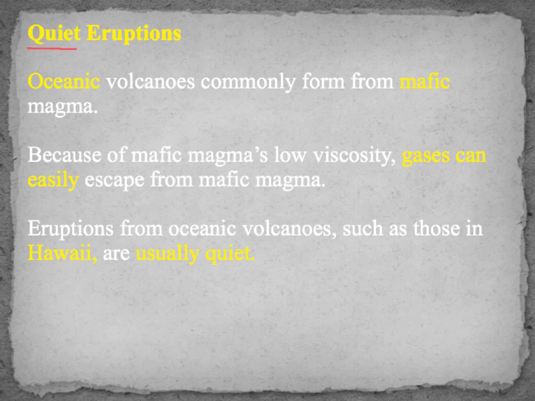So if we have magma that does not have a lot of gas, we get what is called a quiet eruption. And mafic magma has a very low viscosity, which means it is not sticky.